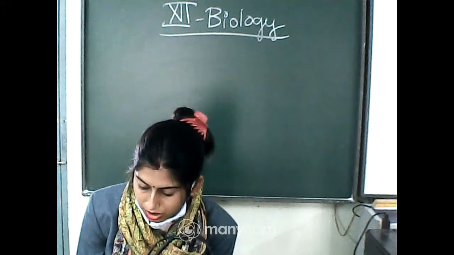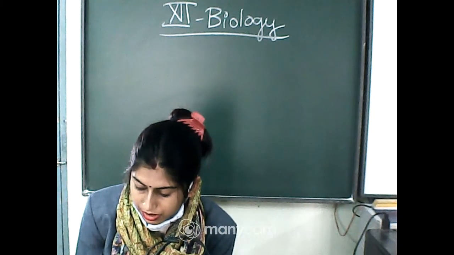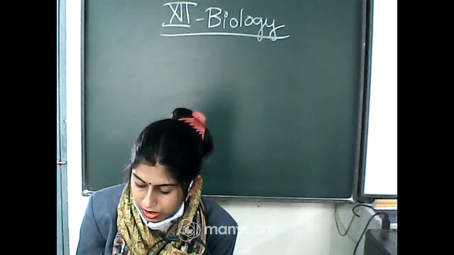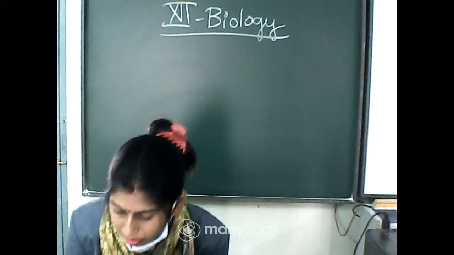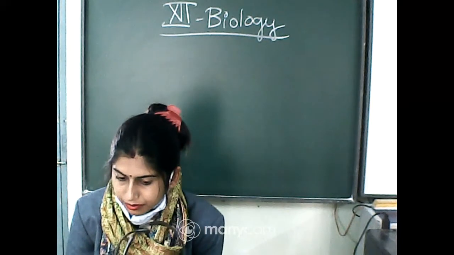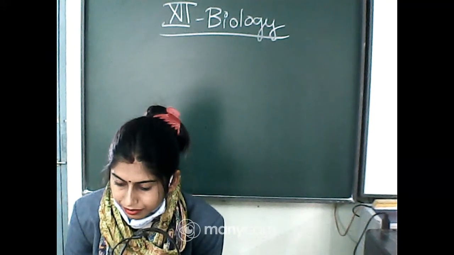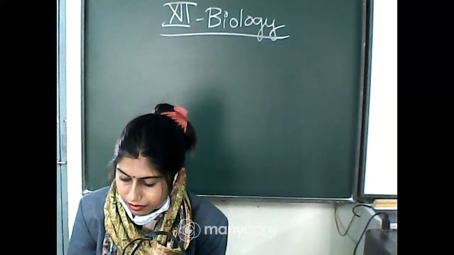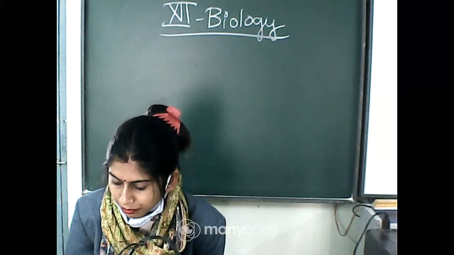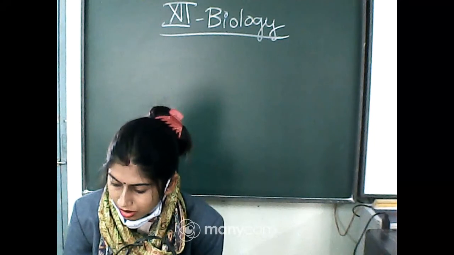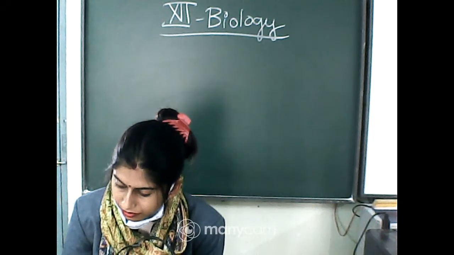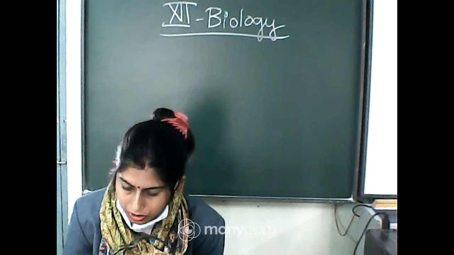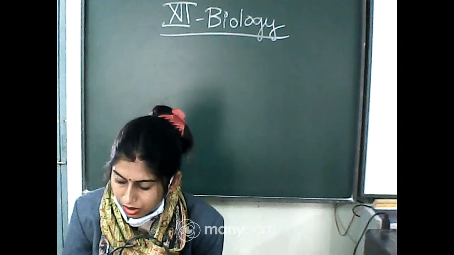Next question is, how do ecologists estimate the total number of species present in the world? How do they do this counting?